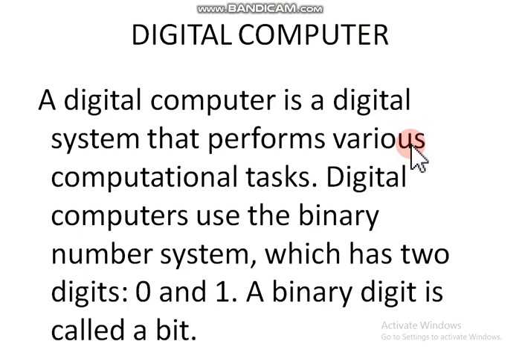Now moving on, these computers are digital. A digital computer is a digital system that performs various computational tasks. Digital computers use the binary number system, which has two digits only, that is 0 and 1. That is why we hear it said that computers only understand the language of zeros and ones.